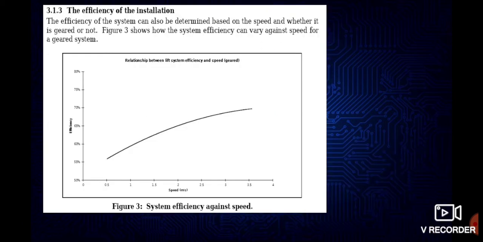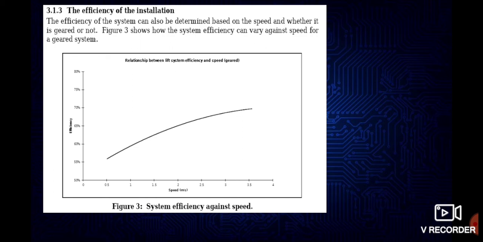The graph for the system efficiency against speed is plotted. We can see that the efficiency of the system can be determined on the basis of speed and whether it is geared or not. Here the figure shows how the system efficiency can vary against speed for a geared system.